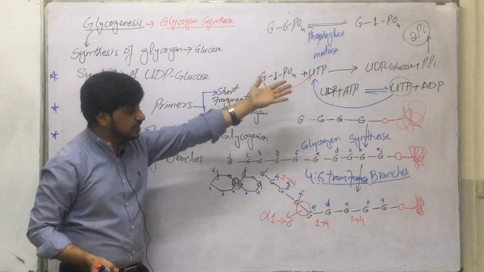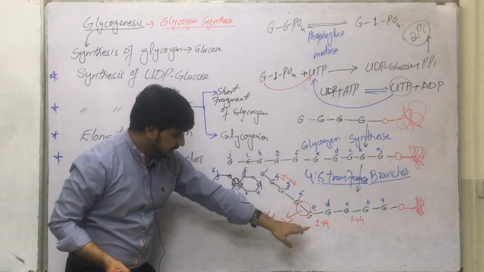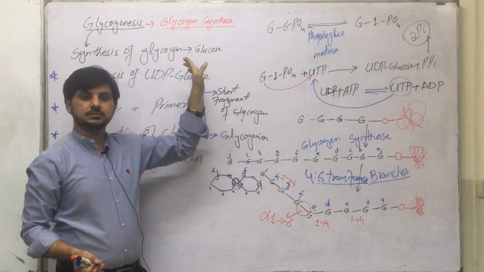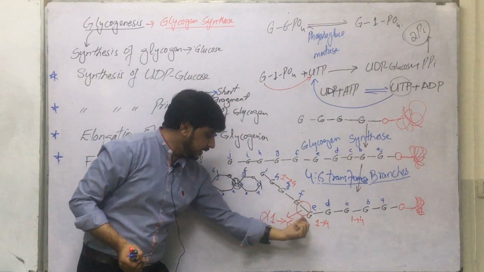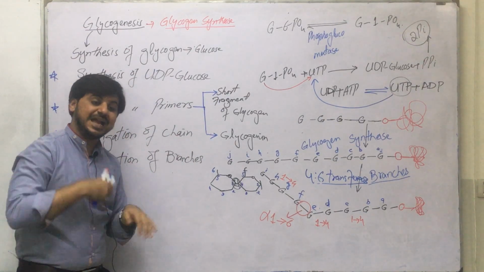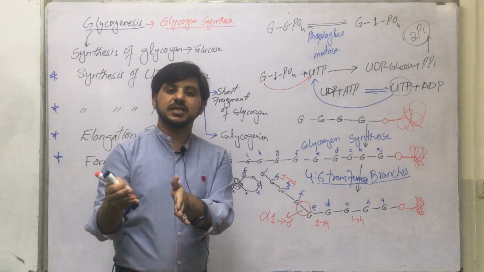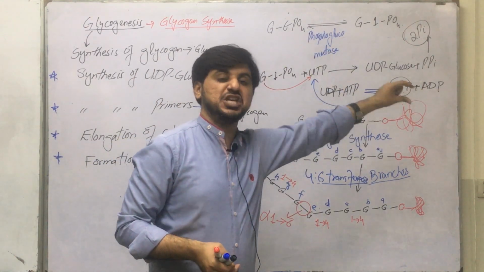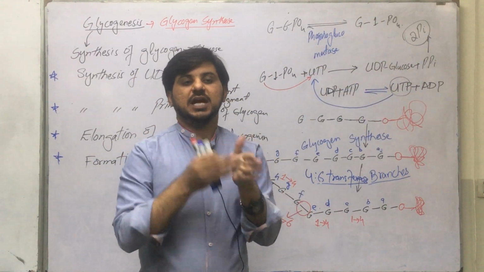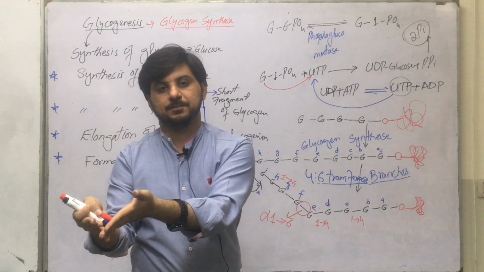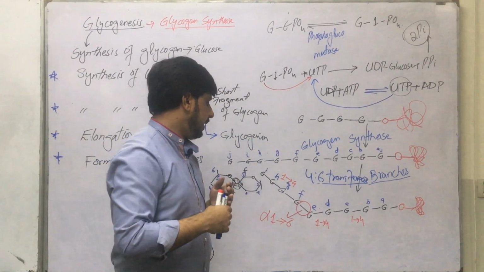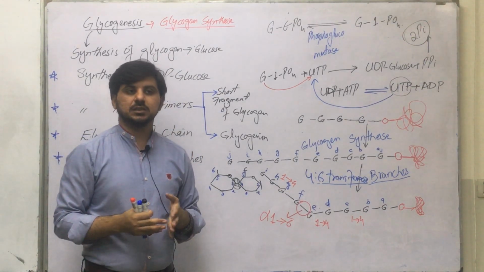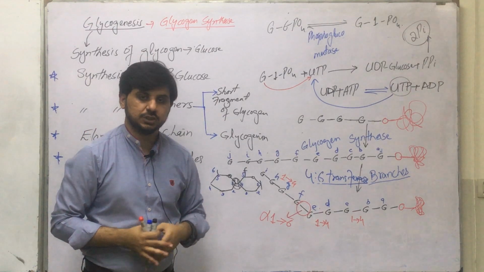Now again with the help of glycogen synthase, at this non-reducing end there will be the elongation of the chain, and at this non-reducing end too, and then again after 10 to 11 residues there will be the cutting down of that chain, and that will be converted into a new branch, and as a result there will be the formation of branches, and at the end we will have a complex structure.